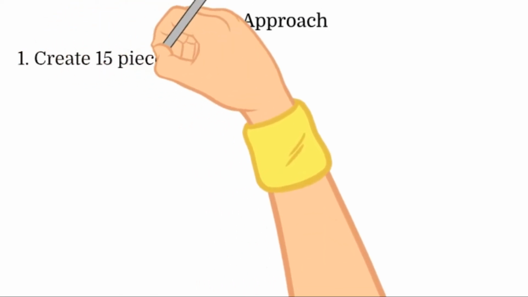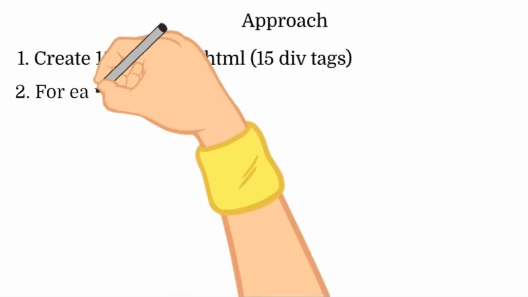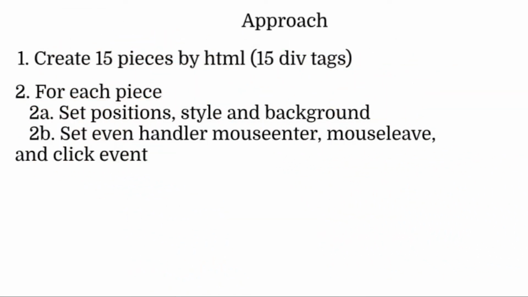Now we go to the approach to create the puzzle. First step, we will create 15 pieces by using 15 div tags. Each piece will be marked by a number from 1 to 15. For each piece, we will set positions like X coordinate and Y coordinate, and set styles like background image, width and height of each piece.